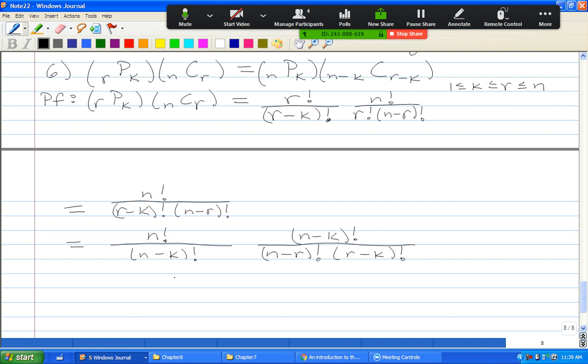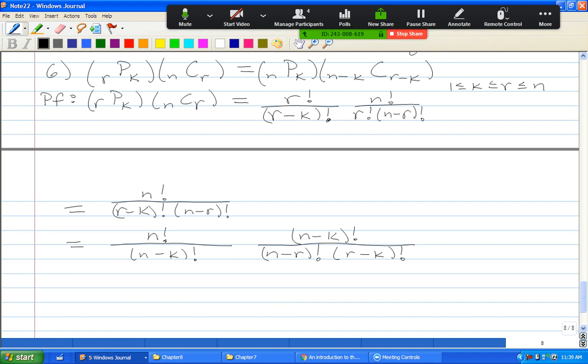So this first term is the term we want for NPK. The second term is almost what we want. I just have to rewrite it slightly.